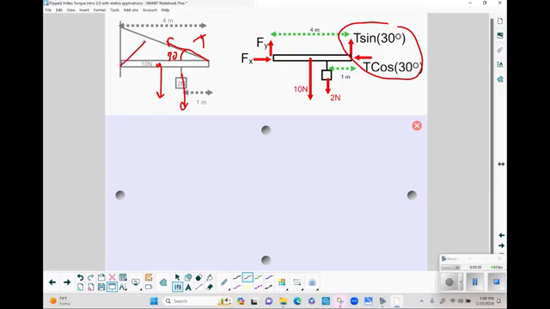And since the force of the wall is going to be at some angle, I can break that into components. Since I have no information at all about this force, I'm going to call the one along the x-axis Fx and the one along the y-axis Fy. And that's all I can call them for right now. With the tension, I can at least use sine and cosine of 30 degrees because I was given the angle.